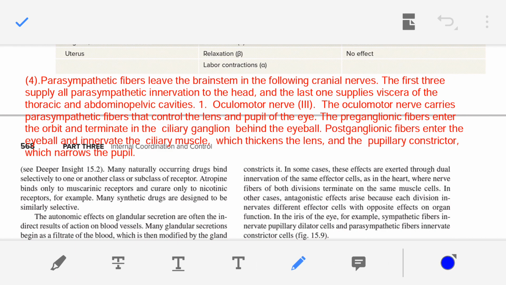The parasympathetic fibers join the first three cranial nerves.